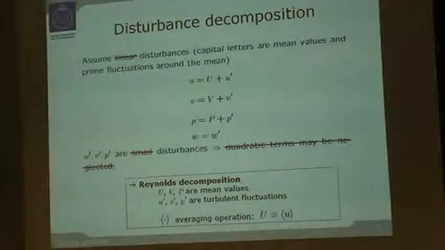However, now when we consider the full problem of turbulence, then we can no longer assume that we have small amplitude disturbances, so we cannot assume that their behavior is linear. But that also directly means we cannot just neglect quadratic terms. All these simplifications that we can do in the linear analysis shown before, we cannot do anymore.